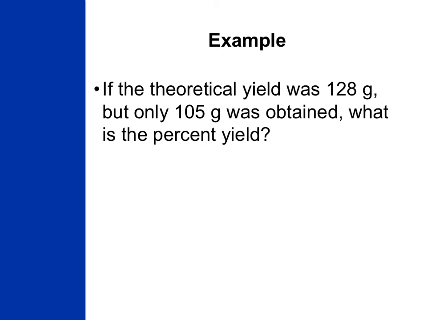Let's look at a quick example on how to determine our yield. Remember, our theoretical yield we calculated previously was 128 grams, but let's say we only obtained 105 grams when we did the reaction. What's our percent yield? Percent yield is defined as being the actual yield over the theoretical yield times 100.